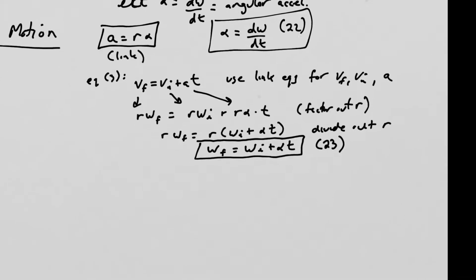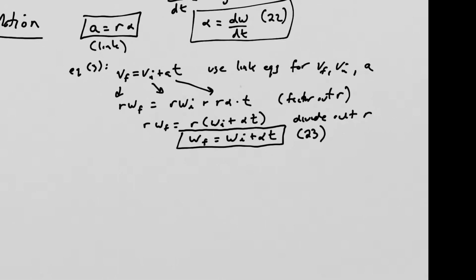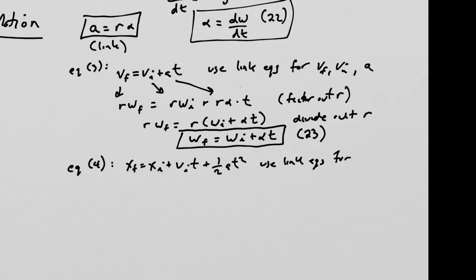If we continue to play this game, we're not going to be surprised at the results. Namely, if we then start with equation 4, then what we will get is x final is x initial plus v initial t plus 1/2 at squared. And once again, use the link equations for x initial, x final, v initial, and a.